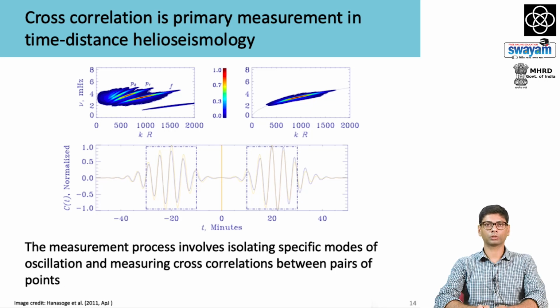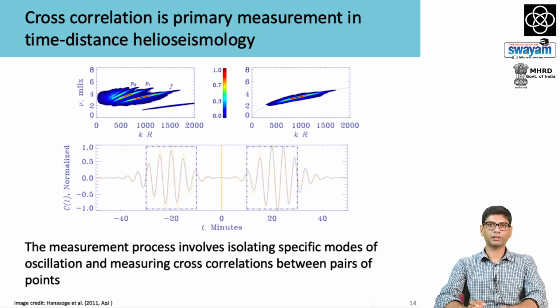You do a temporal cross correlation, and you see, as a function of time lag on the horizontal axis, measured in minutes, and the vertical axis is a normalized cross correlation. And you see 2 broad features at positive time lag and negative time lags. So let's consider the points to be A and B. If a wave were to go from A to B, then that would show up in the positive time lag branch on the right.